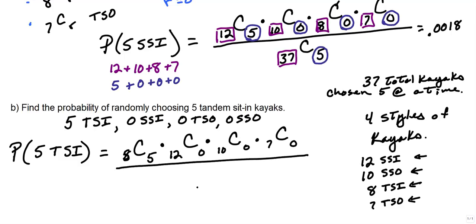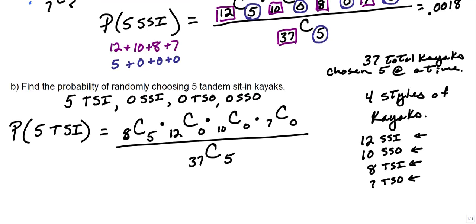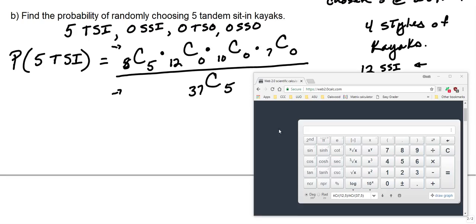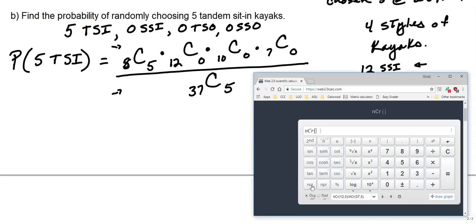And that's all going to be divided by the fact that there are 37 kayaks and I am choosing 5 of them. Now this numerator tells me what styles I'm choosing. The denominator just tells me that I'm choosing kayaks. So once again, I will plug this into my calculator and I'll use Web 2.0 Calc again. All right, so we'll do the choosing, and we'll do 8 choose 5.